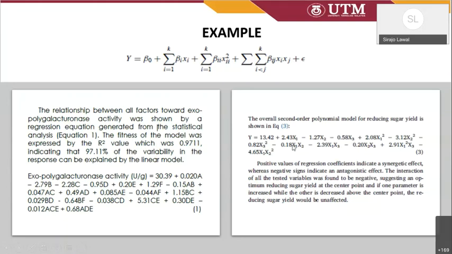There are single factors x1, x2, x3, and also quadratic effects for x1, x2, and x3, and then the interaction effects: x1x2, x1x3, x2x3. Next are x1 to the power of 2 x3, and also x1x2 with powers of 3 and 2. So this is how you can read the model.